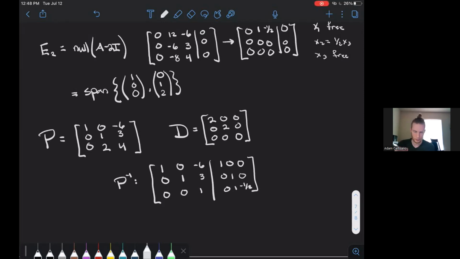We have to take 3 row 3 from row 2 and add 6 row 3 to row 1. Taking away 3 row 3 from row 2 puts a minus 2 here and a positive 3/2 here. And if I add 6 row 3 to row 1, I'll get zeros here, of course, and in these spots I'll get a 6 and a negative 6/2, so negative 3.